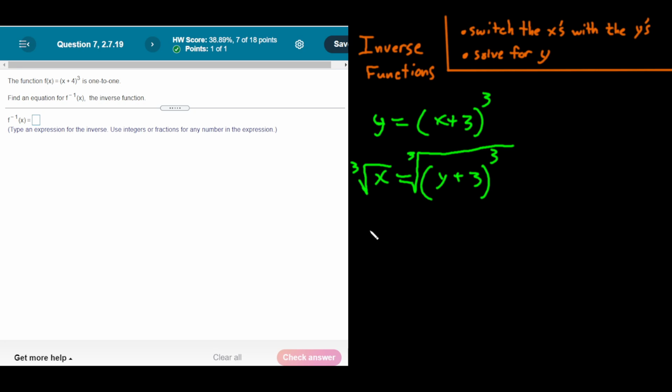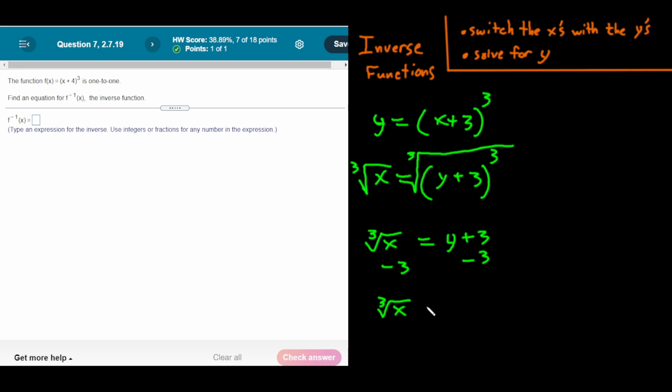So on the left side, you're just going to get the third root of x. On the right side, the power and the root both cancel each other out. So you're going to be left with y plus 3. And now the only thing left to get the y by itself is just to subtract the 3. So this is the third root of x.